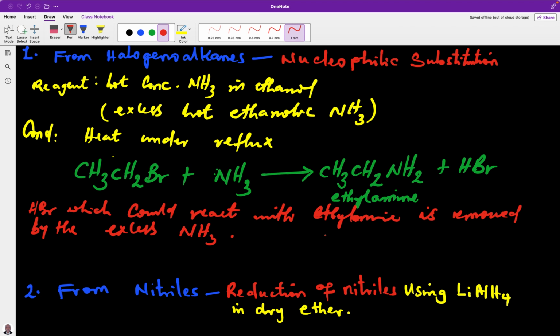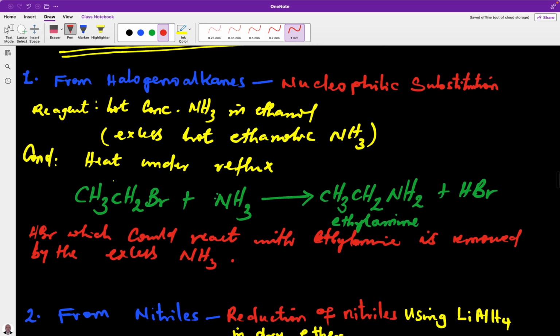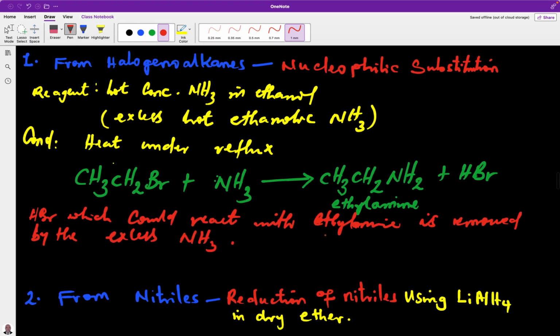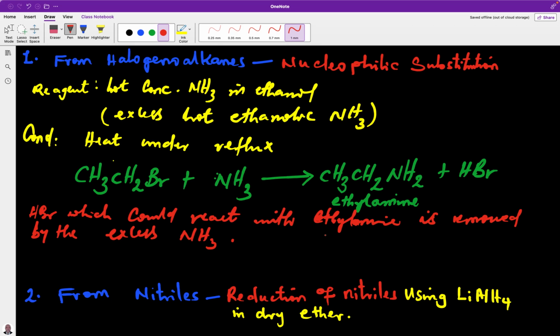So that is how amines are formed from halogenoalkanes using excess hot ethanolic ammonia, or you can say hot concentrated ammonia in ethanol, by heating under reflux.